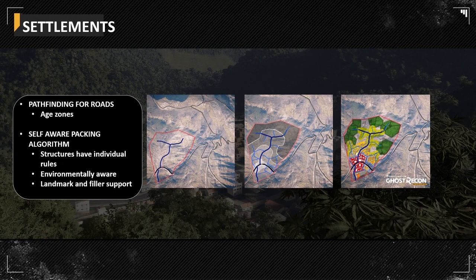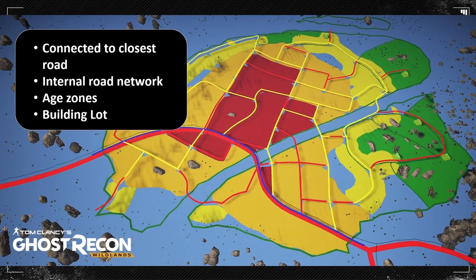Maybe the center is going to be old or modern or whatever, but there's the center. And some outskirts which are going to be less likely field or suburbs or whatever. So that's what the tool does. Connect to the closest road, create the internal network, define the zone, define the building lots, and then place the buildings.